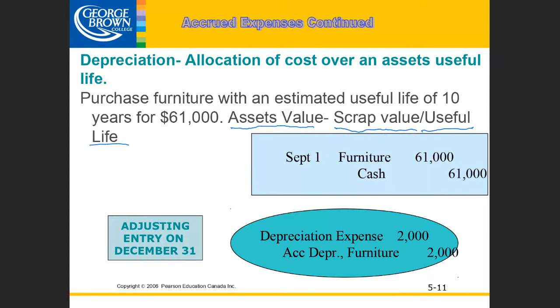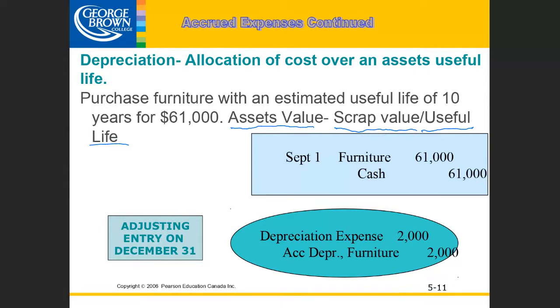So in this particular example, we've purchased furniture that has a useful life of 10 years, and it cost us $60,000. In this case, let's assume that it has a zero scrap value. Unless otherwise stated, most assets at the end of their useful life will have a scrap value of 0.